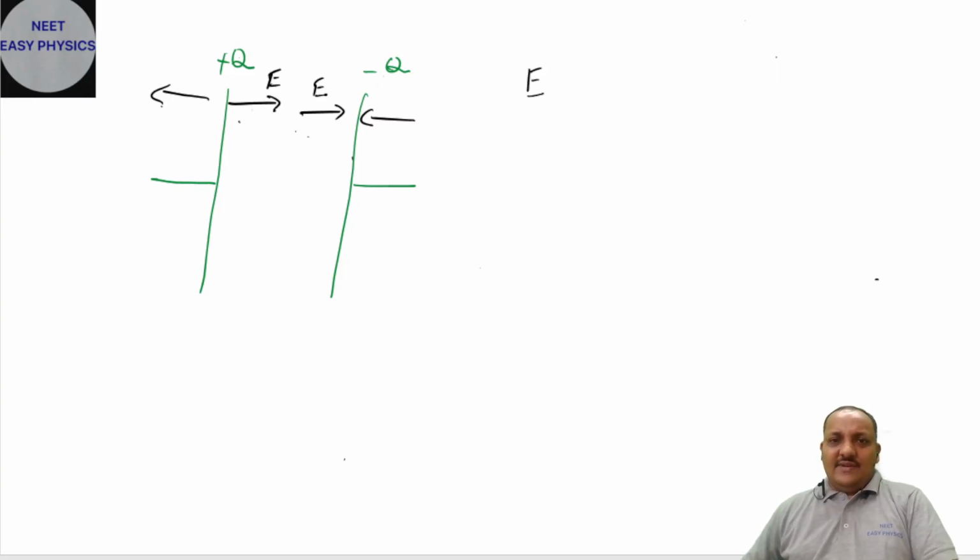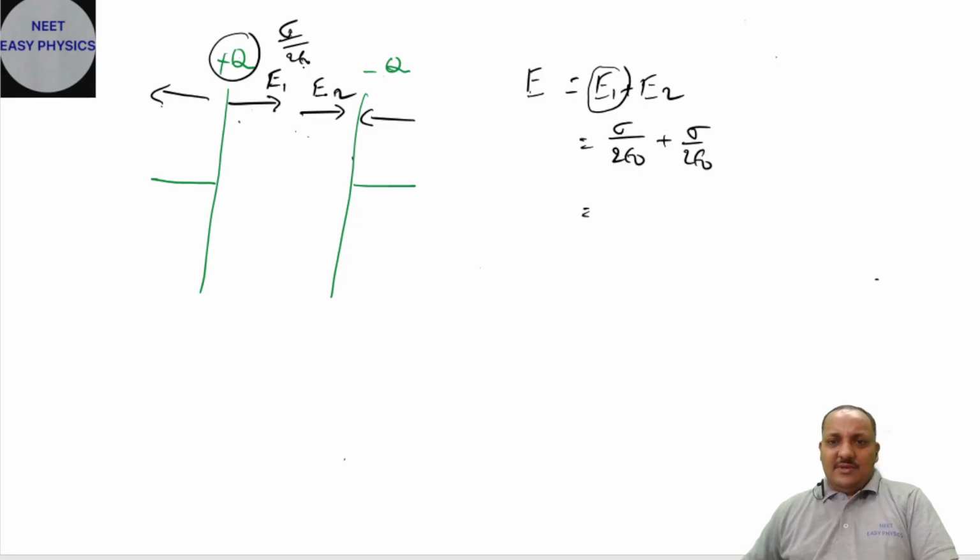The resultant electric field in between is going to be E1 plus E2. Now what is this E1? For a positively charged plate, remember, it is sigma by 2 epsilon naught. Sigma by 2 epsilon naught plus sigma by 2 epsilon naught gives sigma by epsilon naught. What is sigma?